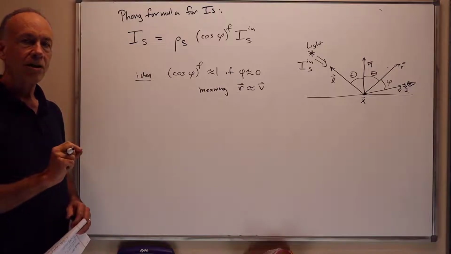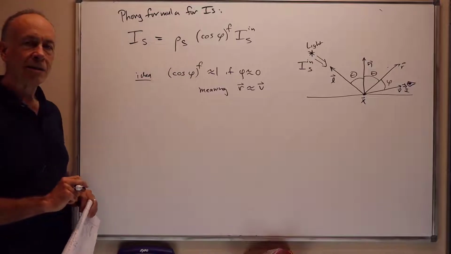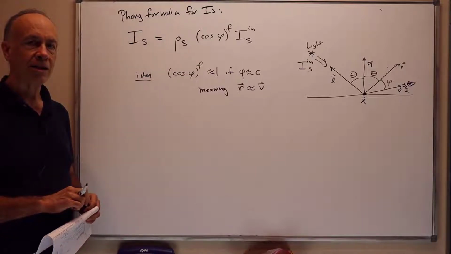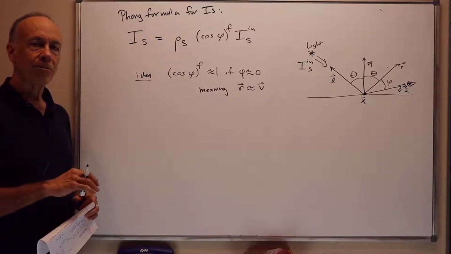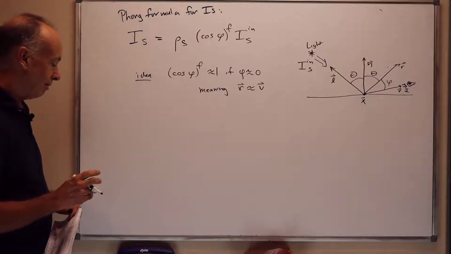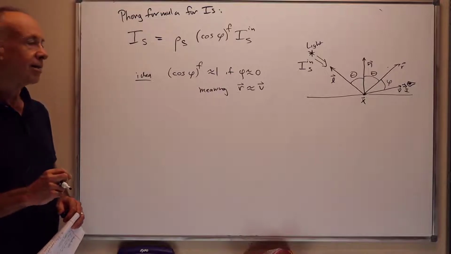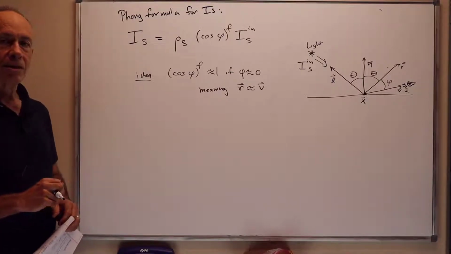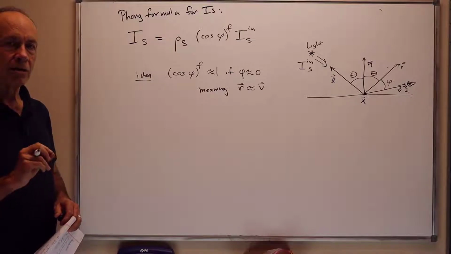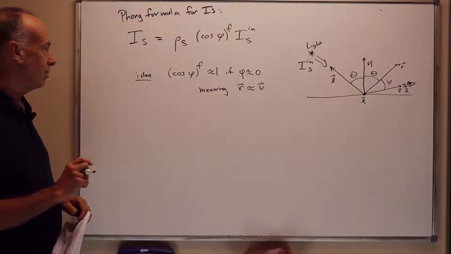If they're very close to each other, it should also be close to 1. But the minute that angle phi gets bigger, and the view direction is different by a fair margin from the reflection direction, then the specular reflection should drop rapidly to 0. This is in order to get the effect of small specular highlights on objects, so that you only see the specular light reflected from a small region on the surface.